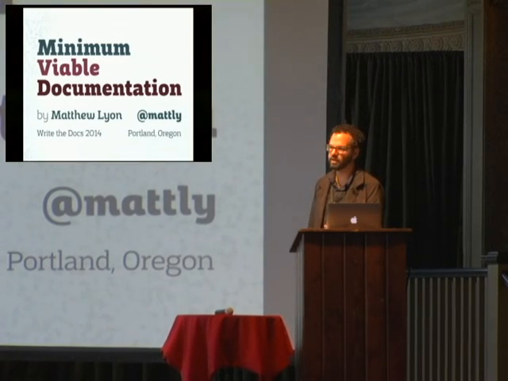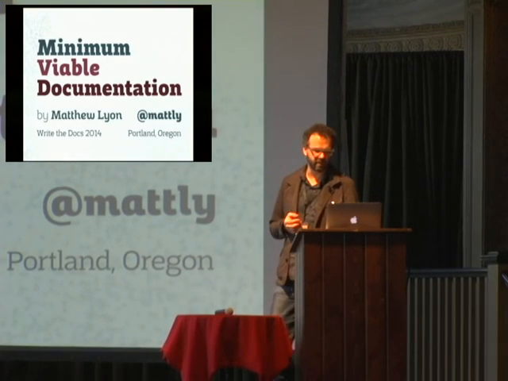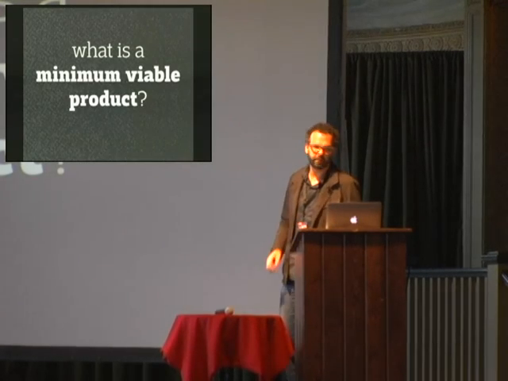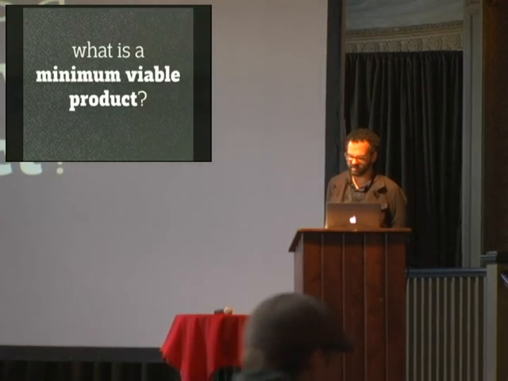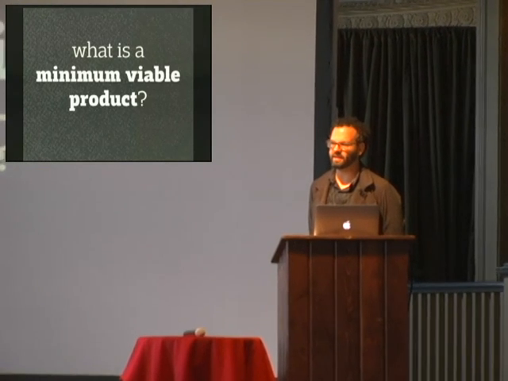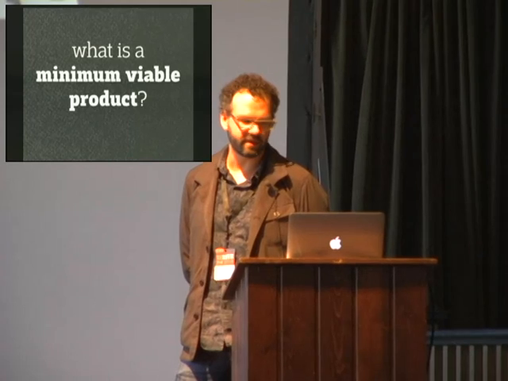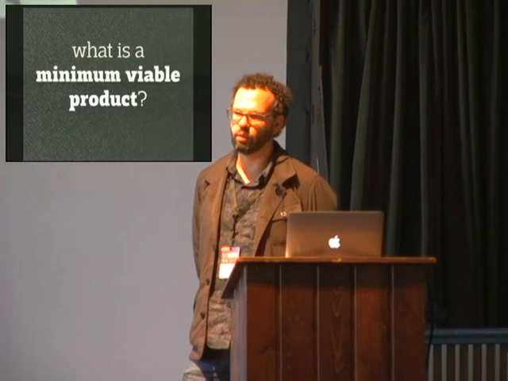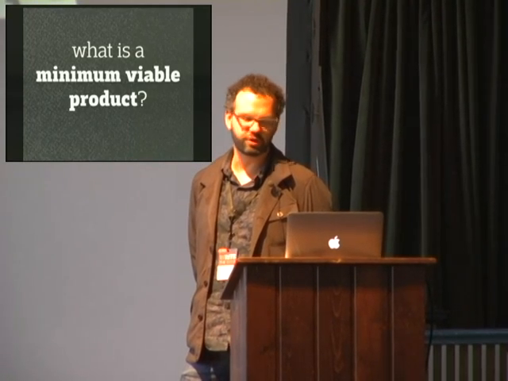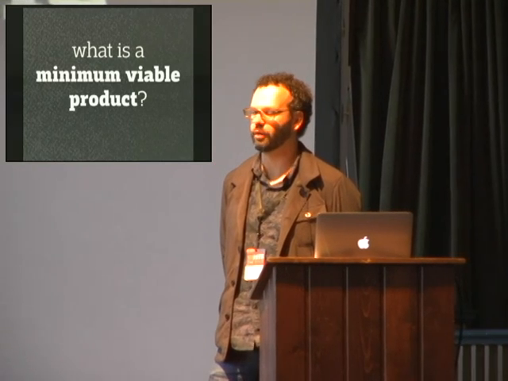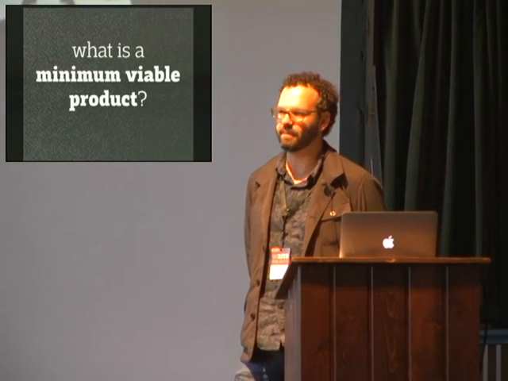And in particular, there is a movement going on called minimum viable product. This is an interesting idea. The term is thrown around a lot, and sometimes it means what is the simplest thing that we can do to gauge the demand for what we're going to build. Sometimes it's just a sign-up form.